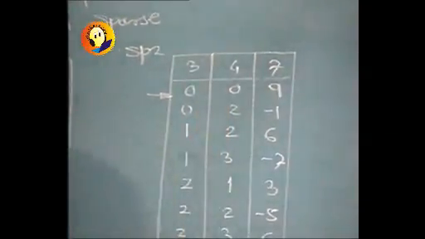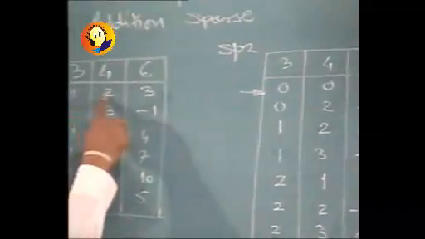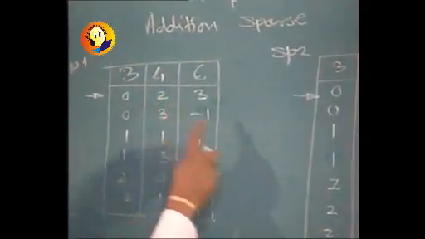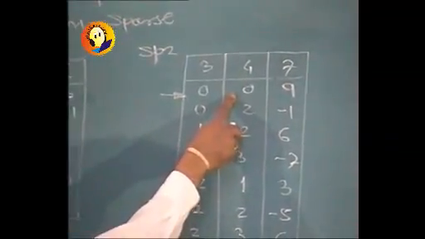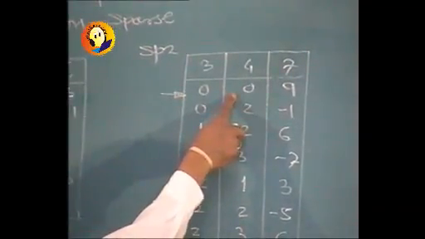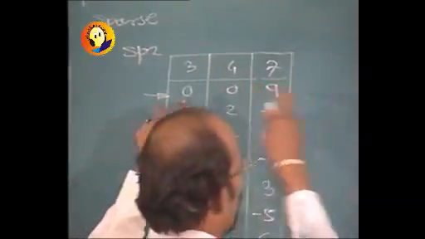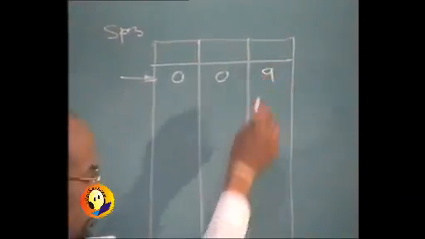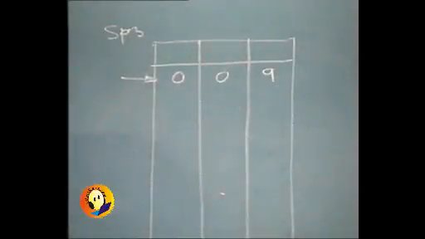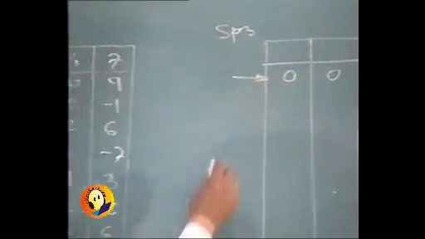No. Then we check sp1 square bracket k1 dot column less than sp2 square bracket k2 dot column. No. That's why copy the element from sp2. What do we copy? We copy row number, we copy column number, we copy value, we increment k2, we increment k3.